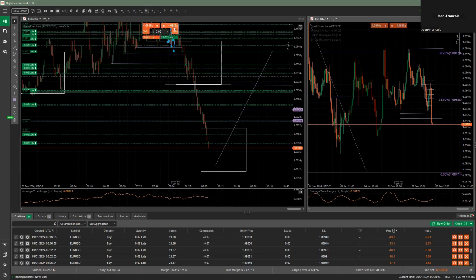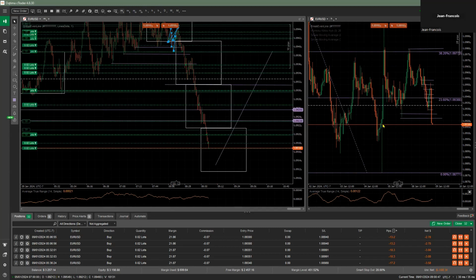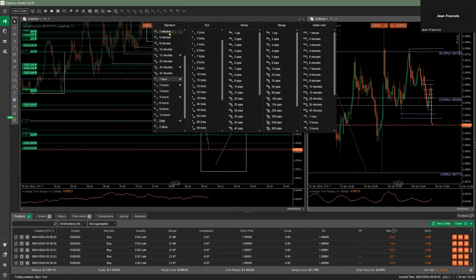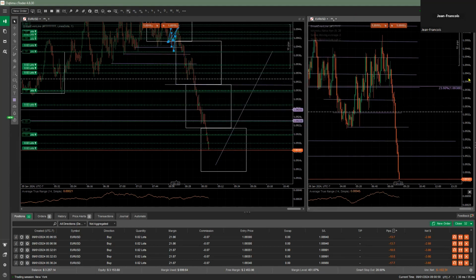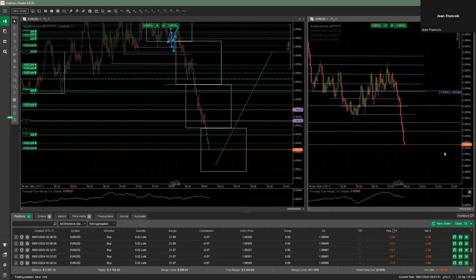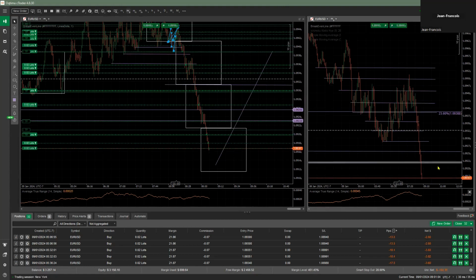Good place to buy right there. I'm looking to my left over here. This area here. Right? That's what we're buying into. See? Trend traders are in love with this.